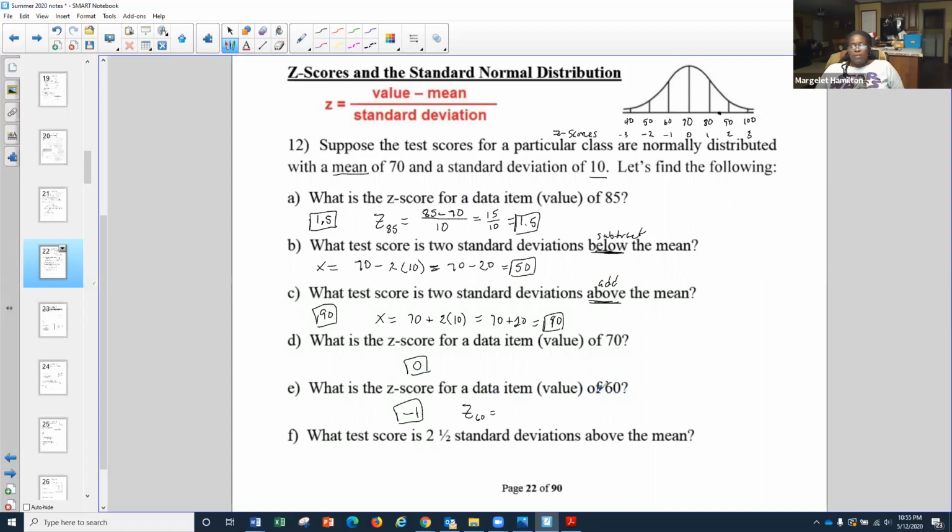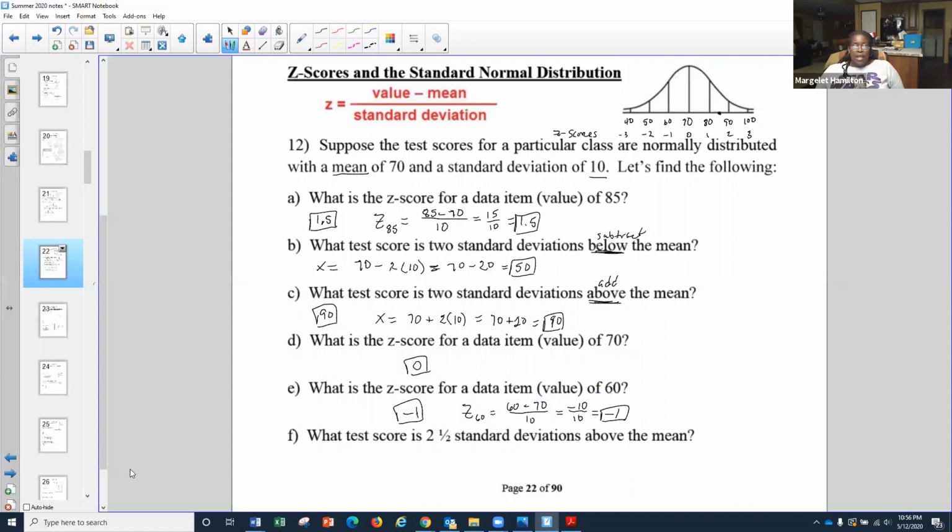So the data item they're given, 60 minus our mean of 70 divided by our standard deviation of 10. When we subtract 60 minus 70, that gives us a negative 10 all over 10, which reduces to a negative 1, which is what we clearly saw on our graph.